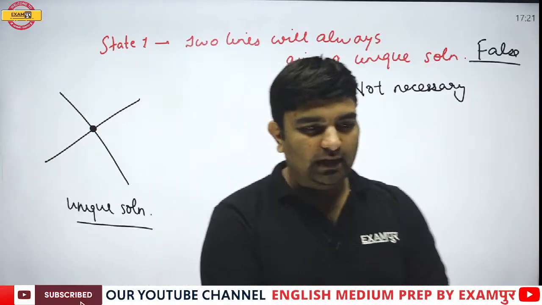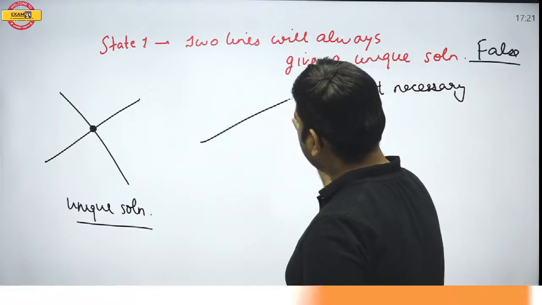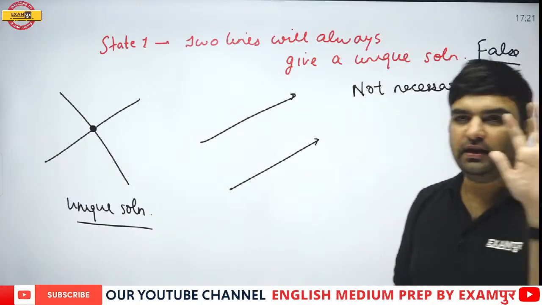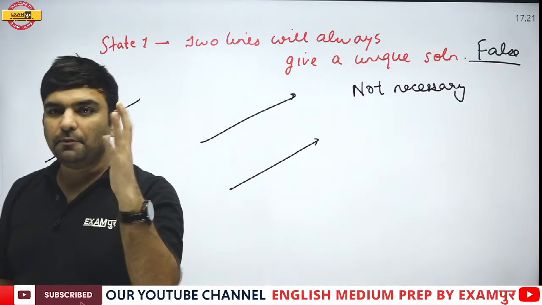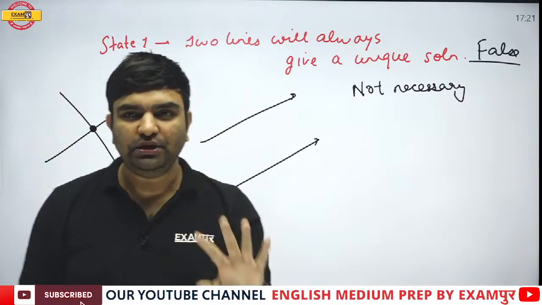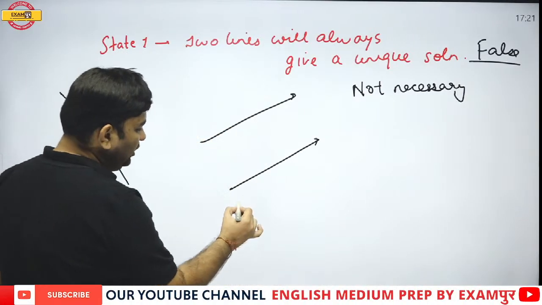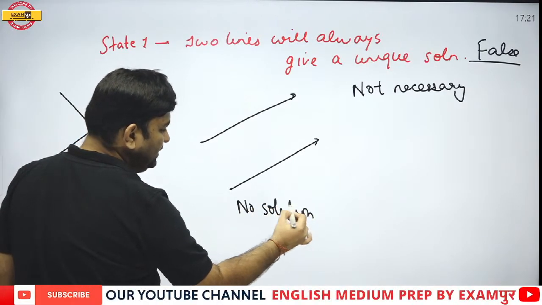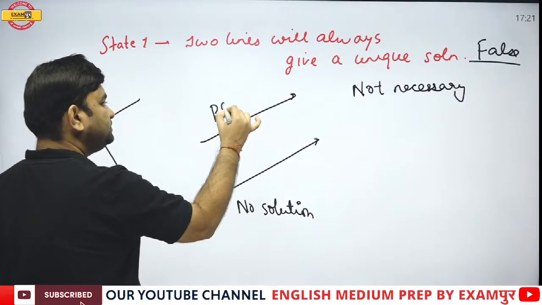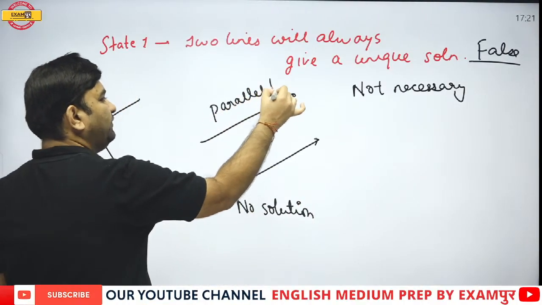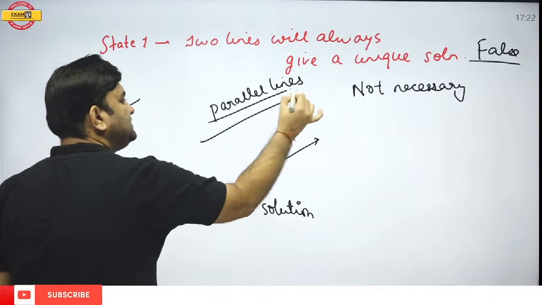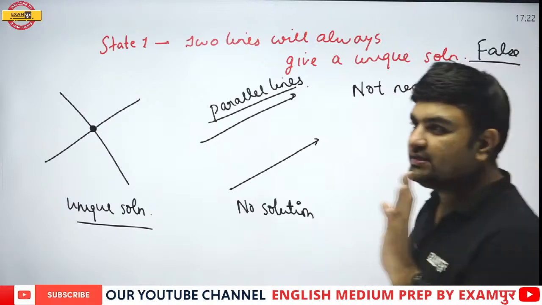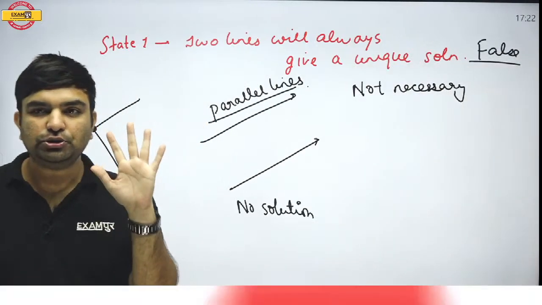Now, there can be one more case. Lines can be parallel as well. Lines are parallel means not intersecting at any point, and not intersecting at any point means no solution. If lines are parallel, then they are not intersecting at any point, and then there is no solution.